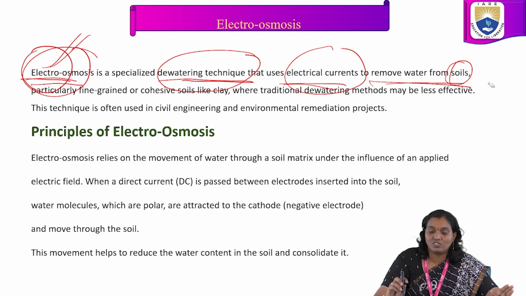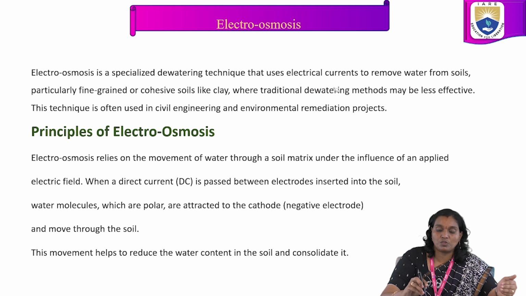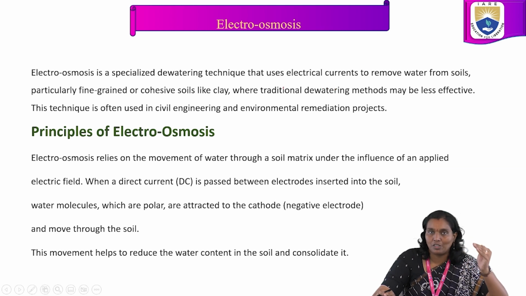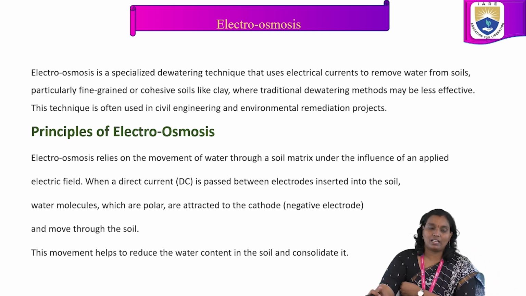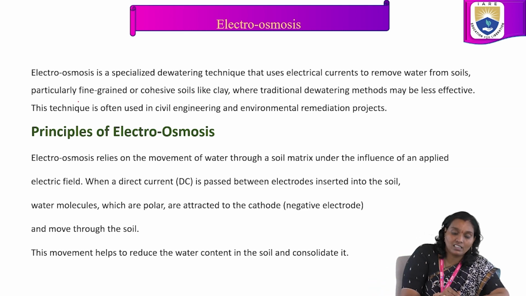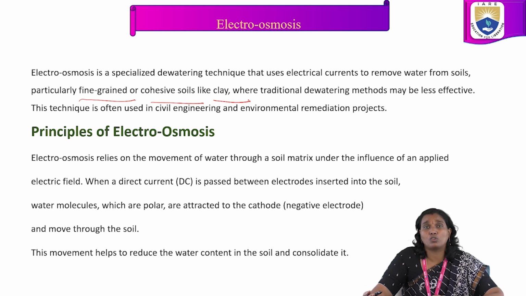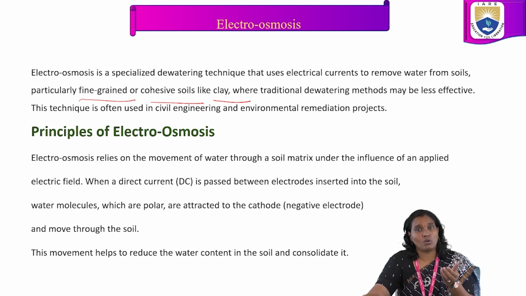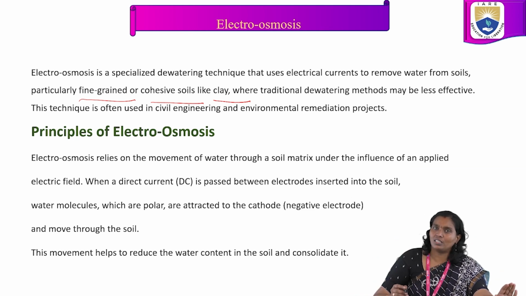This technique is used for removing water or excess water from the soil, depending on the condition. Based on the type of soil, we choose which method is suitable and which is the best method for those conditions.